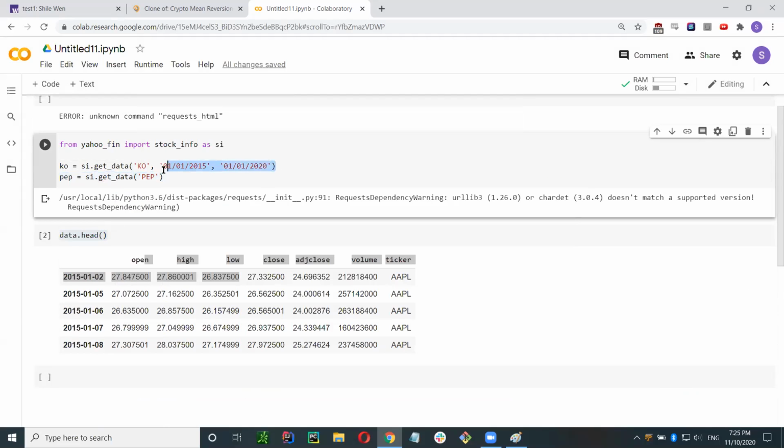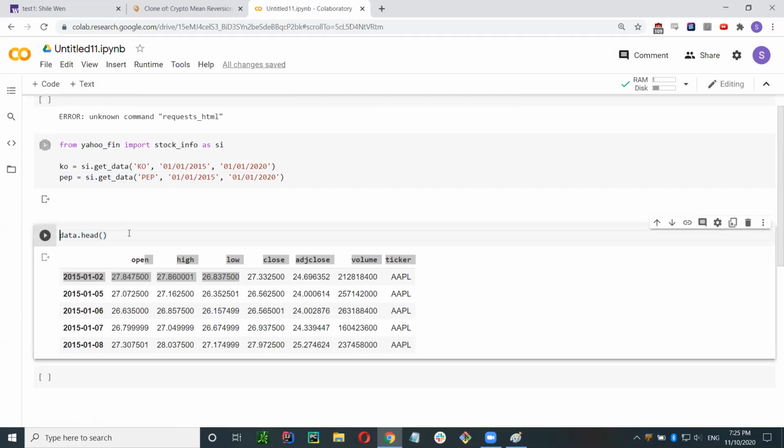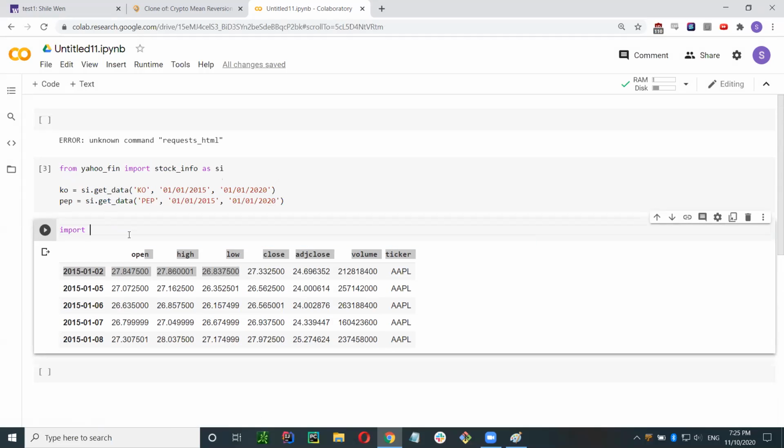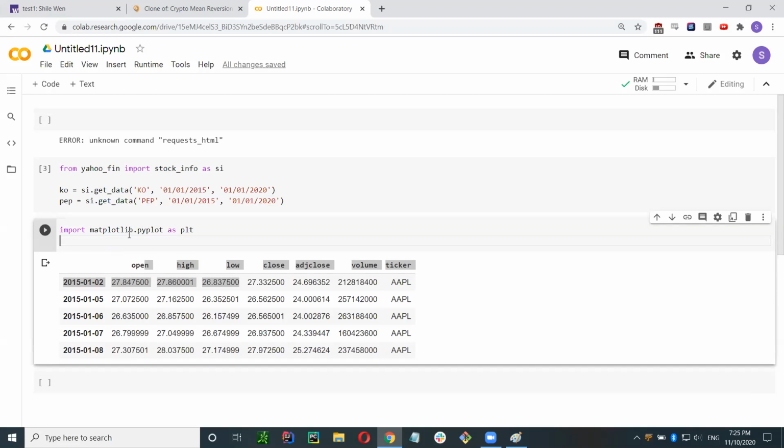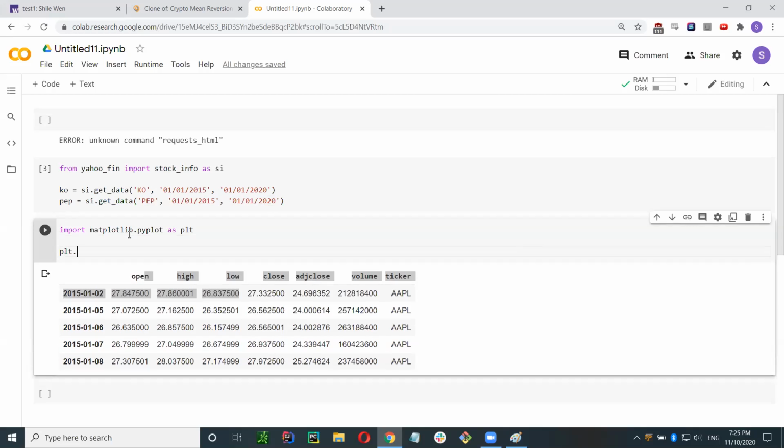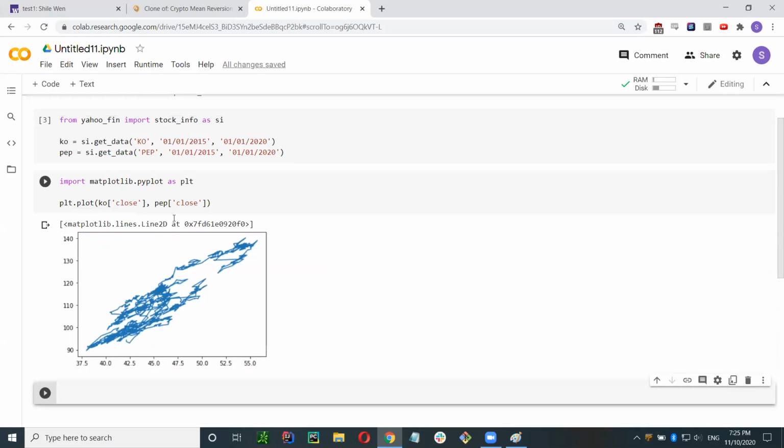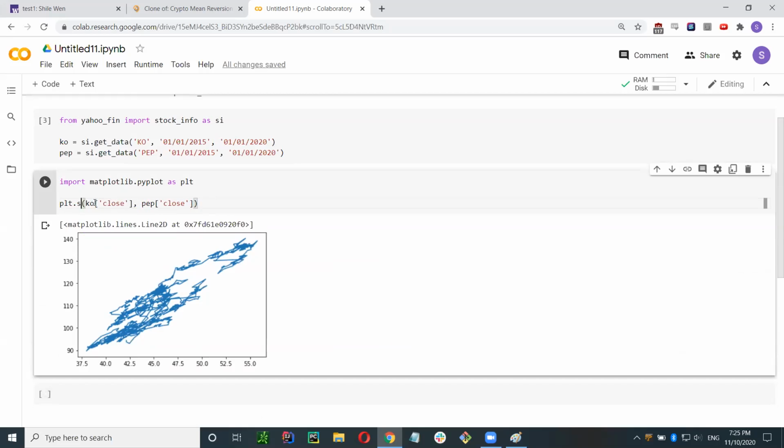Just copy the dates over. Okay, now let's plot them against each other. Import matplotlib.pyplot as plt. plt.plot KO, we want the close against the close of PEP. Scatter. Oops, I want to scatter.